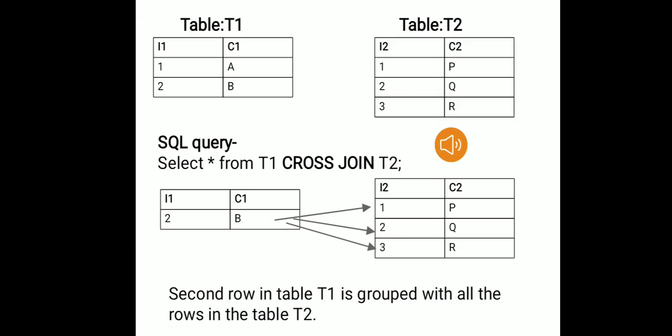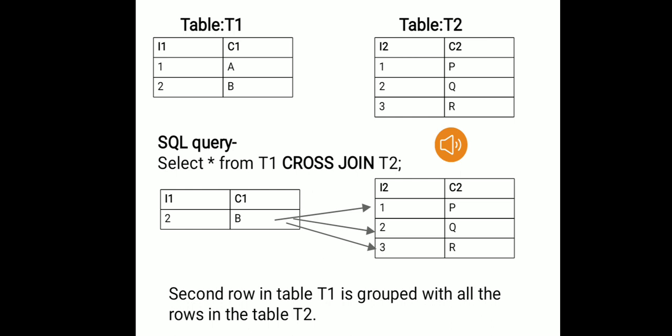Similarly, the second row of the table T1 has the entries 2 and B, which is grouped with all the rows of the table T2. Hence, 2B from the table T1 is first grouped with the first row entry 1P of the table T2. Then 2B is again grouped with the second row entry 2Q of the table T2.